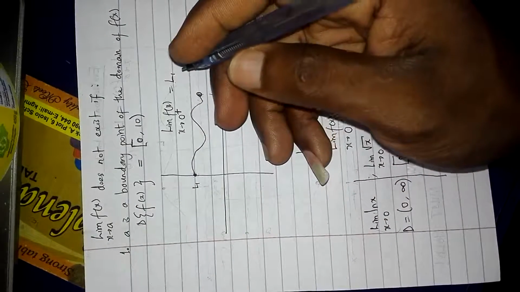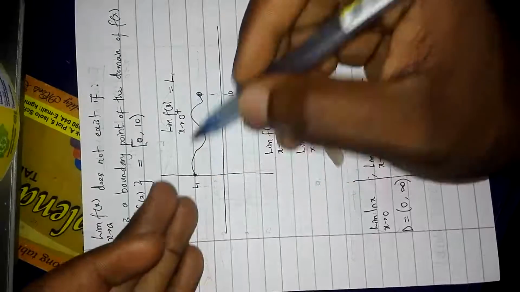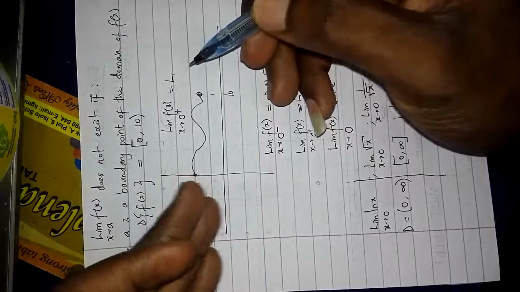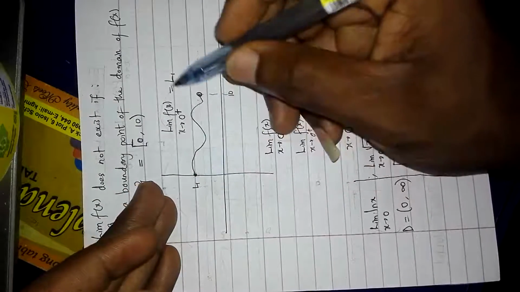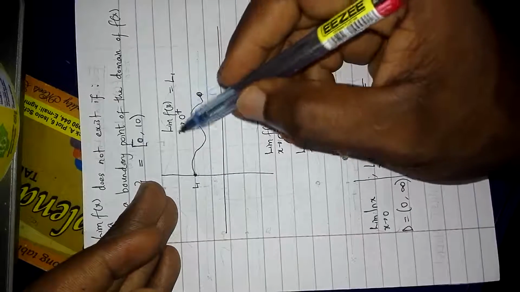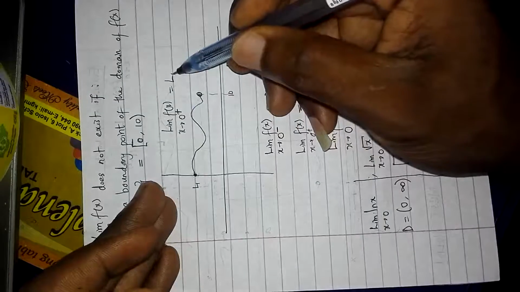As we have seen before, for the general limit to exist, the limit from the right and from the left must exist. Both of them must exist and they must be equal. In this case, one of them does not exist, so the limit as x approaches 0 does not exist, but the limit as x approaches 0 from above exists and is equal to L1.